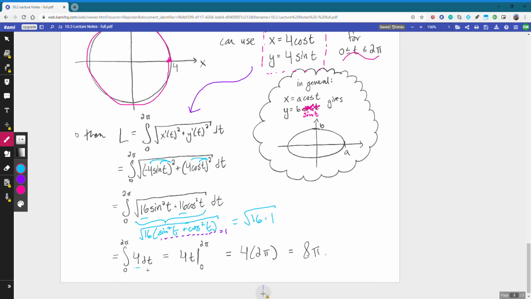That's just a constant, and so to integrate that, we just multiply by our variable, evaluate from 0 to 2 pi, and so we'll get technically 4 times 2 pi minus 4 times 0, which is 8 pi.